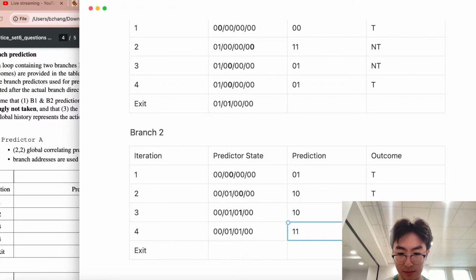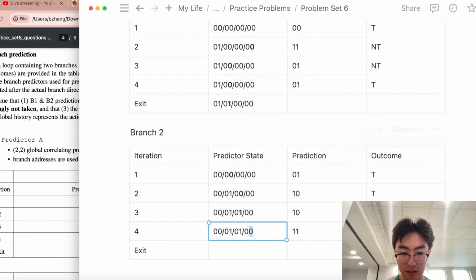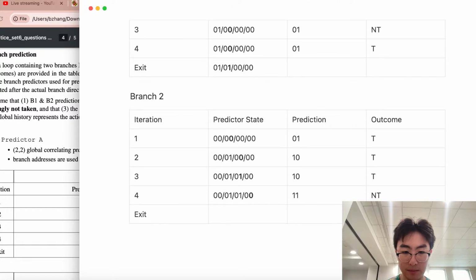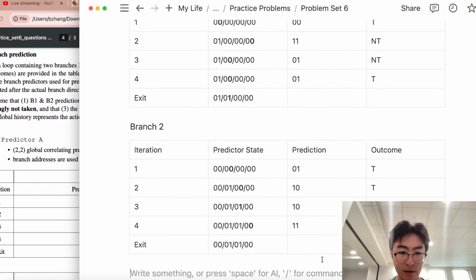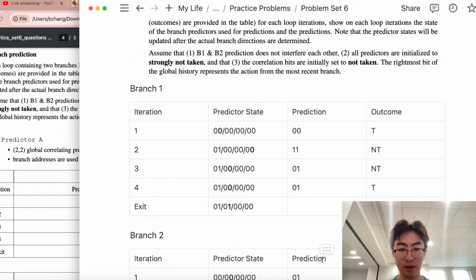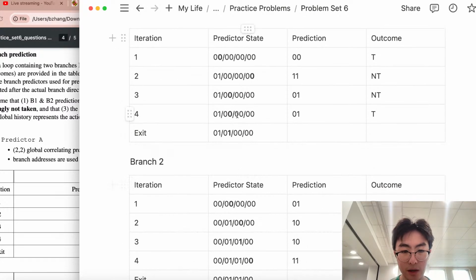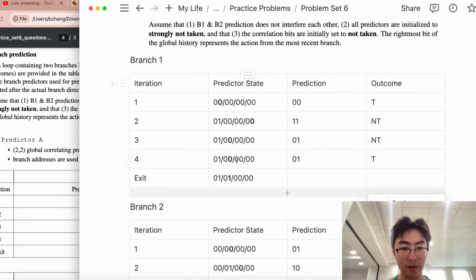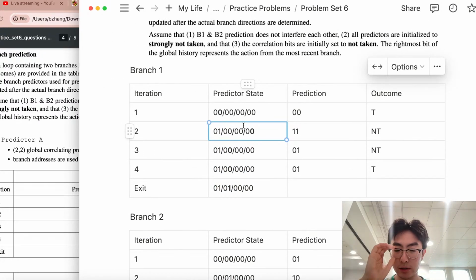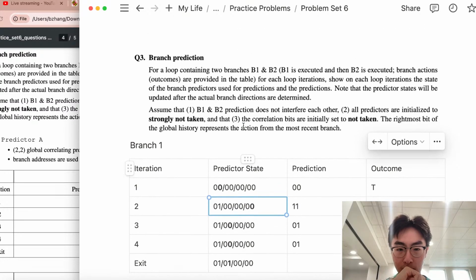So this becomes, we're gonna modify this rightmost bit and it stays the same. Okay, so I think this should be the final 2 states of our branch predictor at the end of the 4 iterations. So let's try to double check our work here.